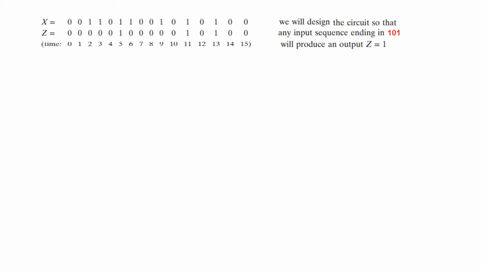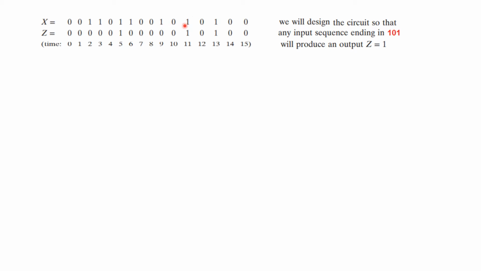Next we are getting 0, so this is the second bit of the sequence, but it's not the complete sequence, so the output will be 0. Now the next bit is 1, so here the sequence is complete, and therefore the output will be written as 1.